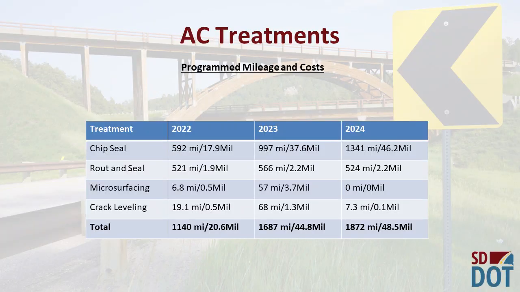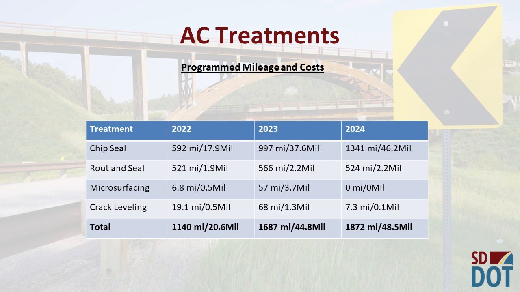And here's kind of an overview of what we currently have programmed and what we're looking at programming in for our AC treatments. You'll see that kind of the bottom line for this is 1,140 miles this year, this summer was done at a cost of about $20.6 million.